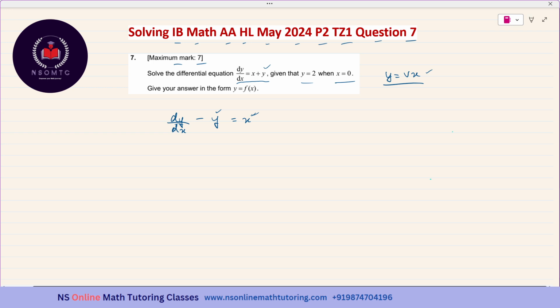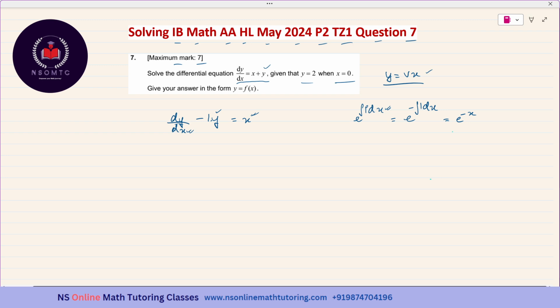So this y can be written as minus 1 times y, and the integrating factor will be e to the power of the integral of p dx, where p is equal to negative 1. So it will be e to the power of the integral of negative 1 dx, and it is dx, not dy, whatever is in the denominator. So this will be equal to e to the power of negative x. You don't write the plus c for this integral.